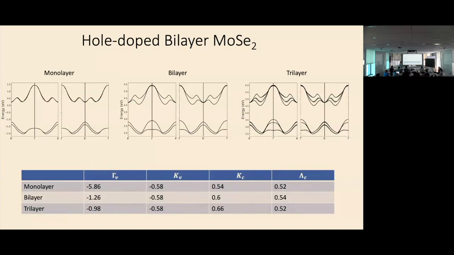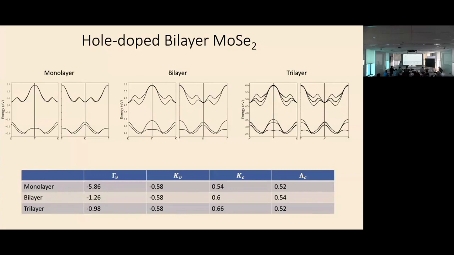In order to study the Wigner crystal phase, we are motivated to look at systems with large effective mass of the charge carriers, because the simple analysis tells us that if you have large effective mass, you have a large rs, and then the Wigner crystal phase can be more robust.